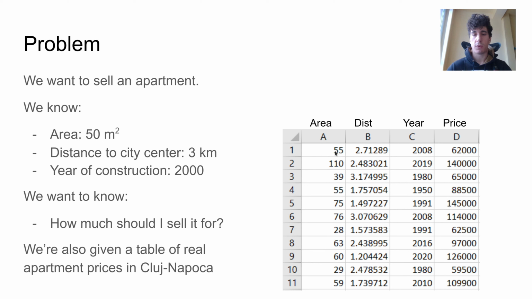So we know for an apartment of 55 square meters with a distance of 2.7 kilometers from center and year 2008, we have a posting that says it should be sold with 62,000 euros. So we actually have some prices from which we can learn a system that will estimate the price. So this table is also given.